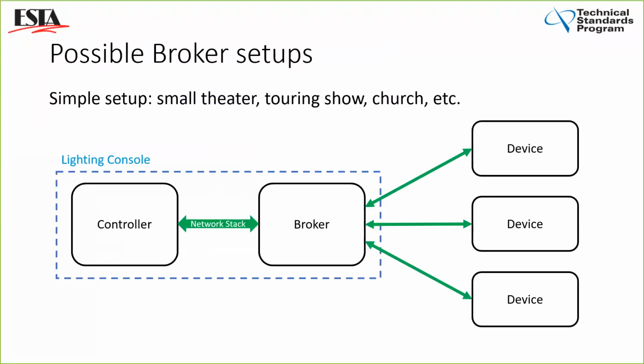The broker would probably be some sort of system service or daemon that's running in the background on the lighting console, and the controller would connect to it via TCP through the local network stack. And then the broker maintains all of the external connections to each of the devices in the system. It also maintains external connections to other controllers like the mobile apps or architectural panels.